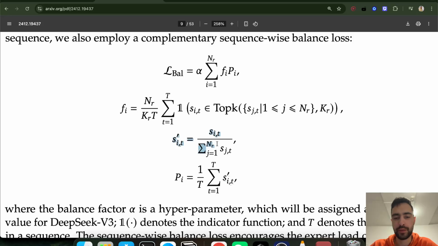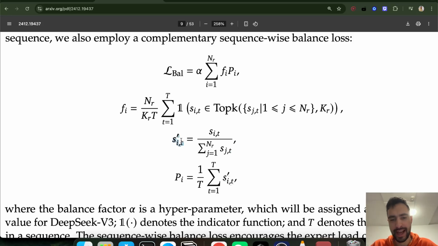So we will start with this one. We have the affinity between this expert and this token, and we divide that by the sum of all the affinities of each expert for this particular token. So what we get is each affinity scaled such that all of the affinities for this token add up to 1.